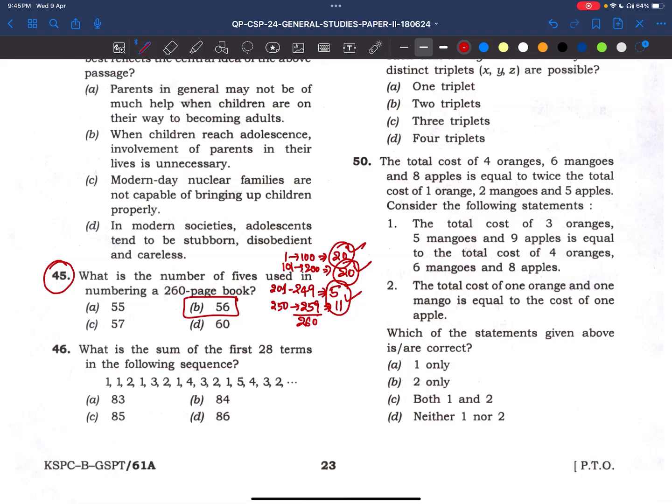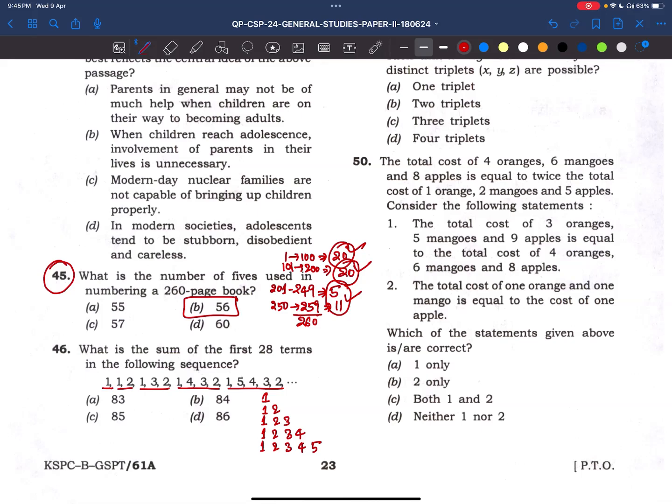What is the sum of the first 28 terms in the following sequence? See here. 1, 1, 2, 1, 2, 3, with 3 kept in the middle. 1, 2, 3, 4. 1, 2, 3, 4, 5.